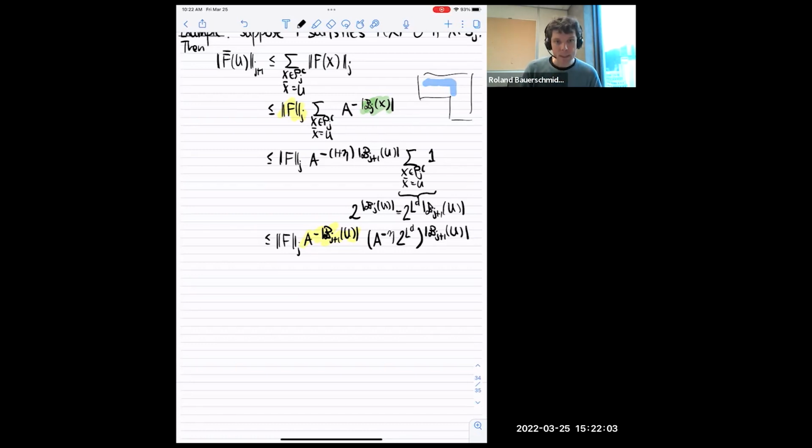Now, the parameter A, we can choose it however we want. A is a weight that we can choose. And we can choose it to be such that a to the minus eta is bigger than L to the 2 to the j. So for an appropriately chosen A, this is less than a to the minus, say, 1/2 eta.